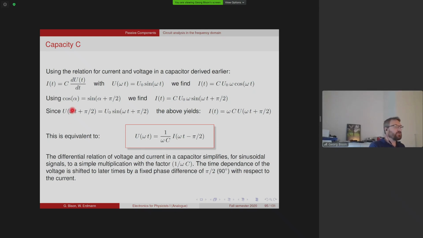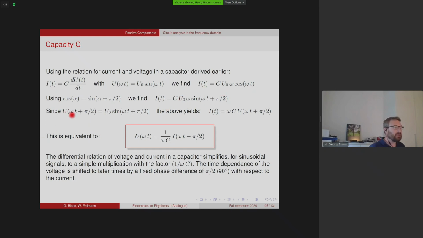Now, if we use that the cosine of alpha is, of course, the same as a phase shifted sine wave with a positive phase shift of pi half, we can write that the time dependence of the current, again, is a copy of this signal.